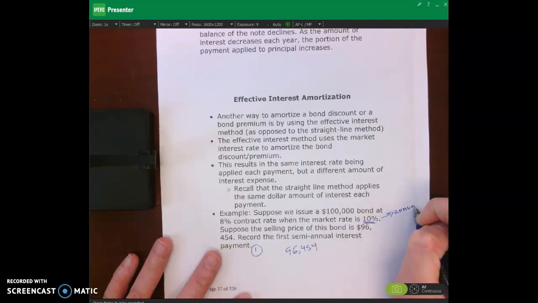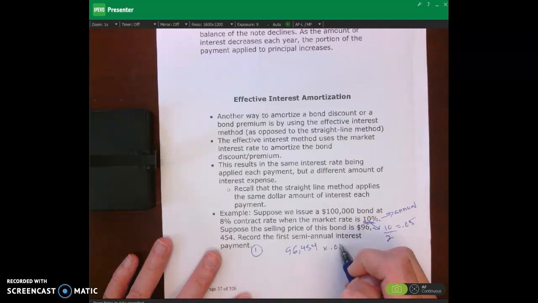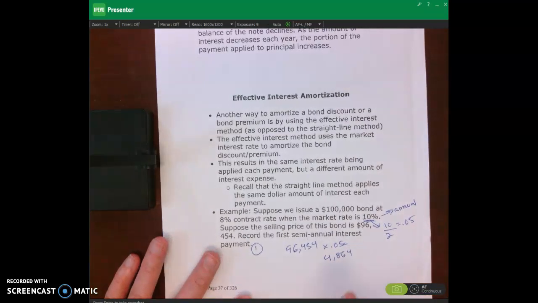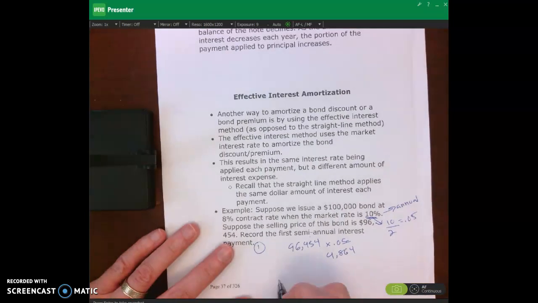So what I have to do is divide 10 by 2 to give me 0.05 or 5%. So I'm going to multiply this times 0.05. And when I do the math, I get 4,823. This is my debit to bond interest expense.